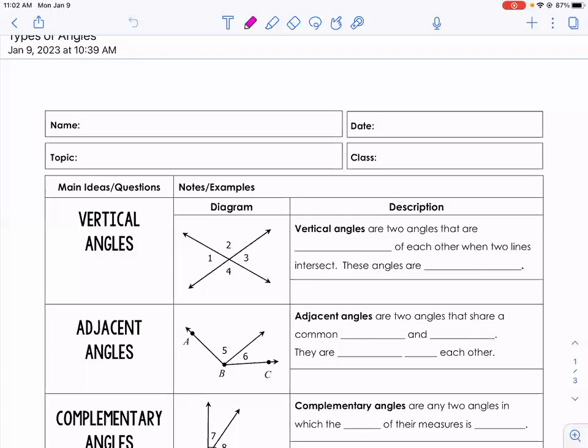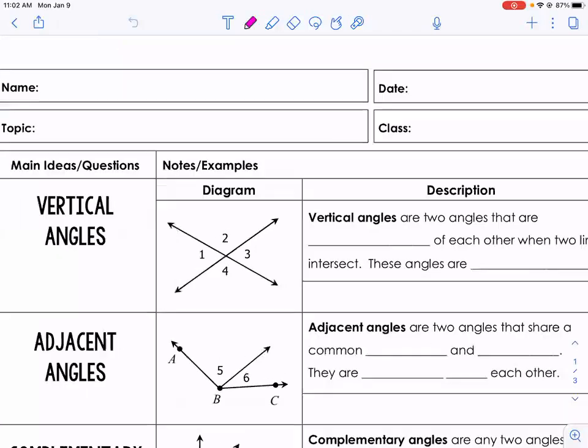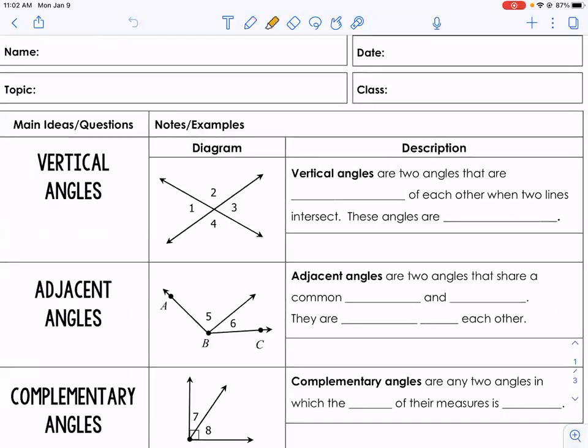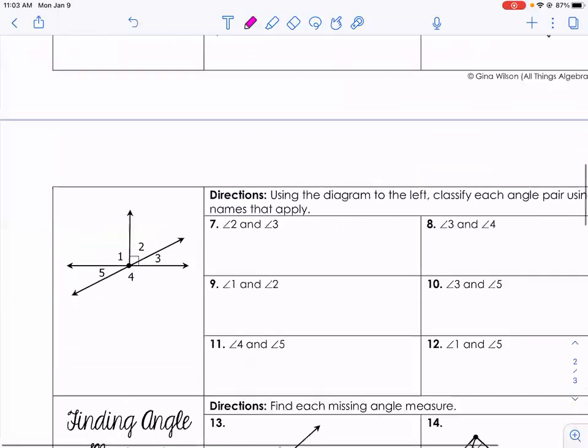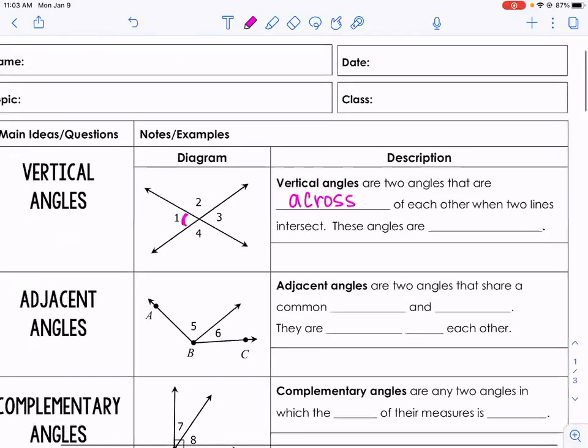All right, so what we just drew on our paper was a set of vertical angles. Vertical angles are two angles that are across from each other, like angle 1 and angle 3. They're vertical angles because they're across from each other.